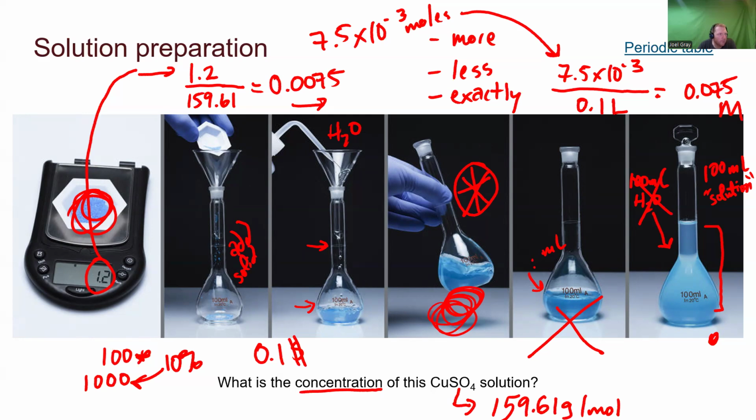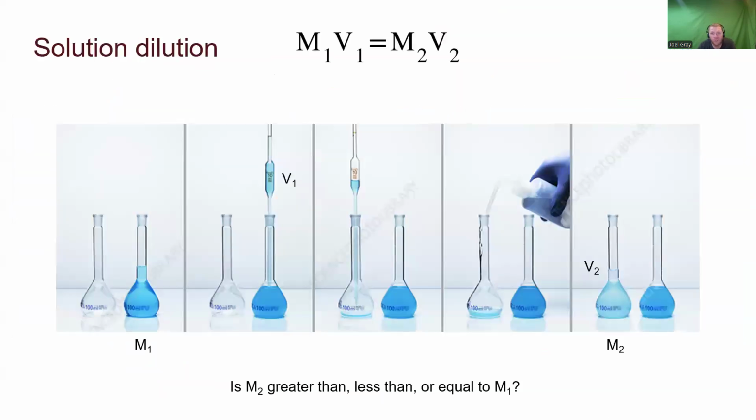Okay, now we're going to jump ahead to this right here. This is all about preparing what's known as a dilute solution. One of the ways that I think about this is, let's say that you are the director at a kid's summer camp.